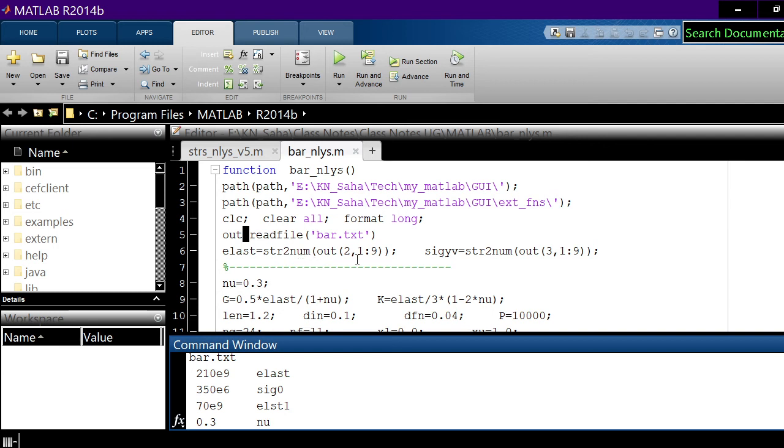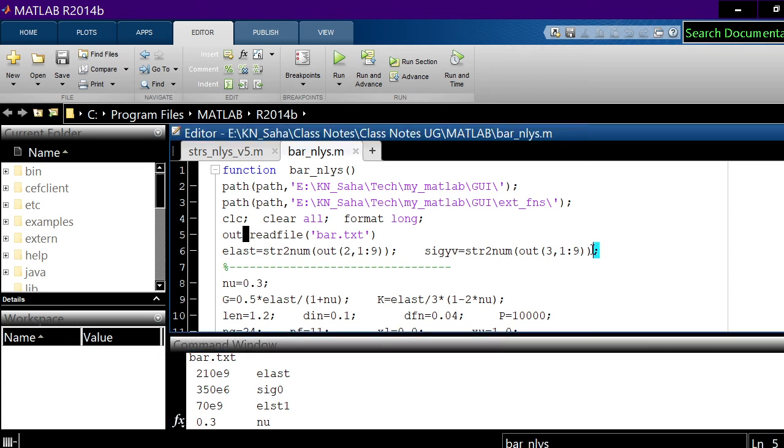This is the field starting from 2 and first 9 values. First is blank, so starting from 2, 9 values, it is taking up to this. Okay, this is what we can also do.